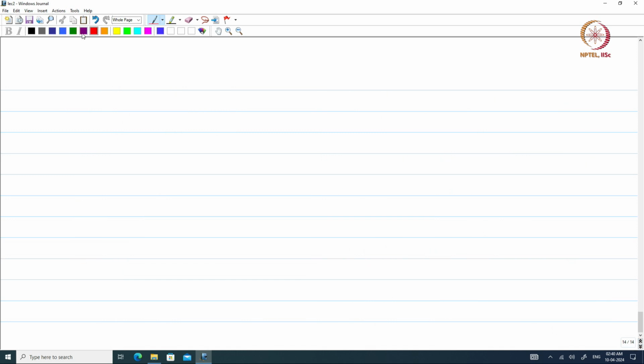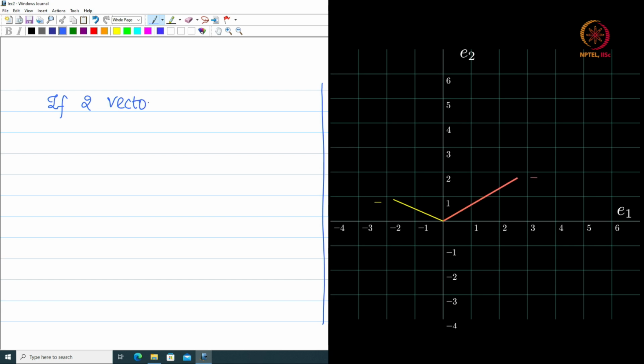Now what does that mean? If two vectors are linearly independent in 2D, we say that the parallelogram formed encloses a certain area.